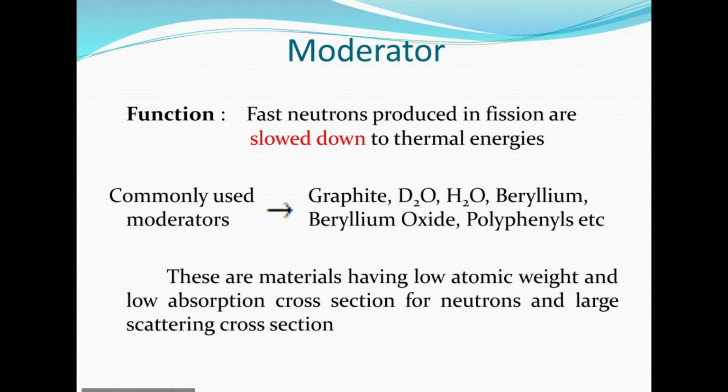These are materials having low atomic weight, low absorption cross-section for neutrons and large scattering cross-section. The neutrons may lose significant amount of energy on colliding with the moderator nuclei till they come to thermal equilibrium with the material.